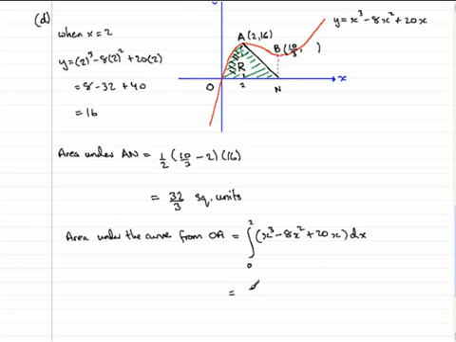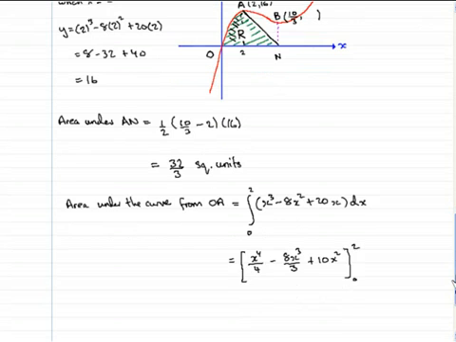Now, we integrated this in the earlier part C. We know that it's going to be x to the power 4 over 4, minus 8x cubed over 3, plus 10x squared. Put this in square brackets, going between 0 and 2.